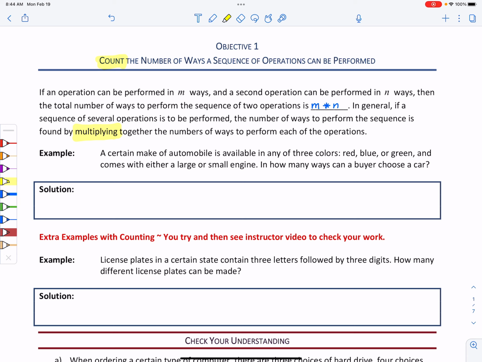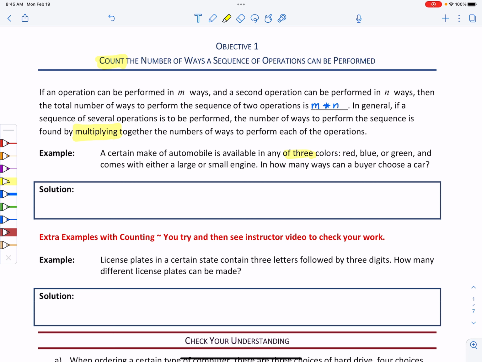All right, so in some situations, it's very straightforward. You can see exactly what's happening and exactly what choices have to be made. This is the example that was done in your notes. We have to select two things. We have to select a color, of which we have 3 choices.